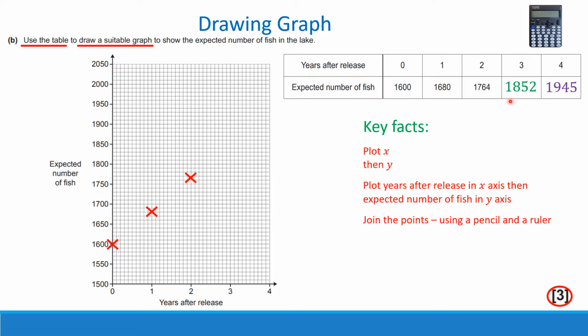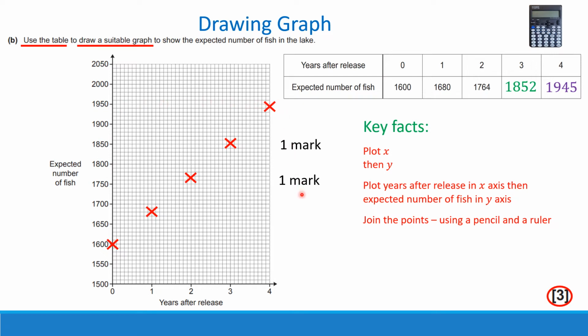Then we've got 1,852, so we go across 3 years, up 1,852, so just slightly more than 1,850 is the next one. And for plotting 4 points, you would have got 1 mark. For your 4th point, we would have got 1,945 plotted, so that is literally below the 1,950 mark, so a half a square below.